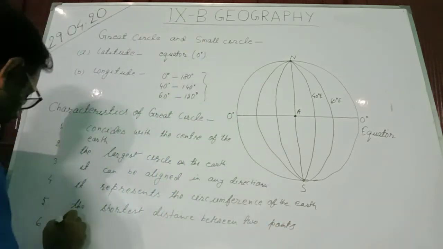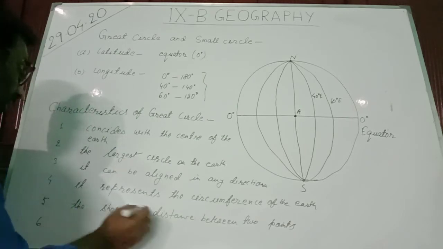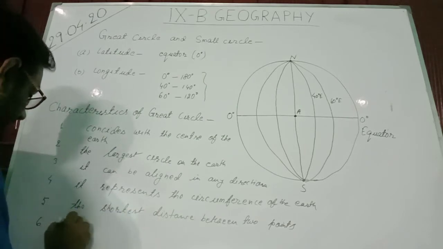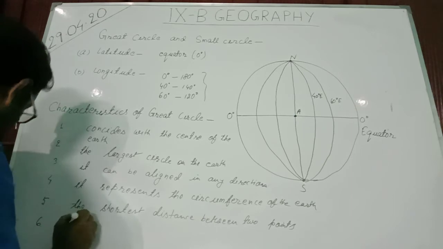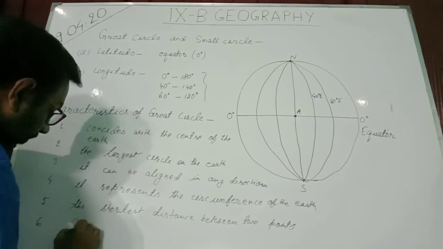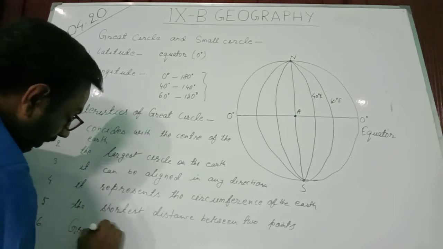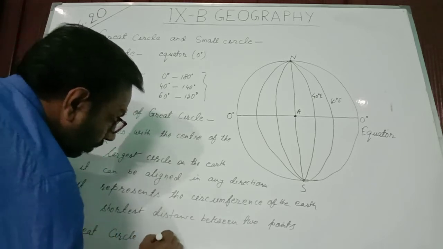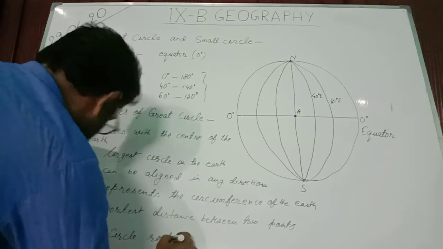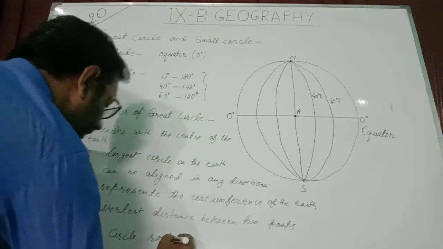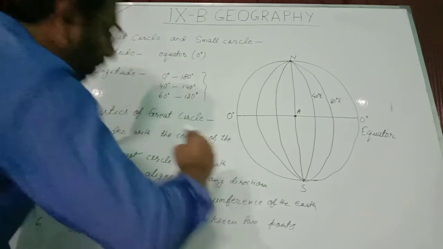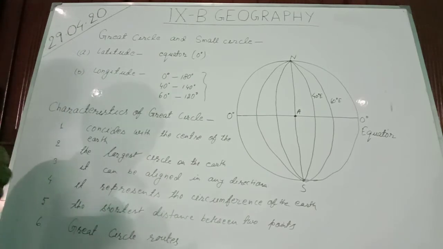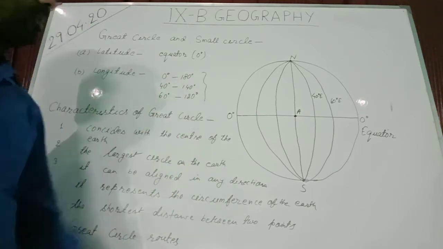And the last is, being the shortest distance, this is also known as great circle route. Great circle routes.